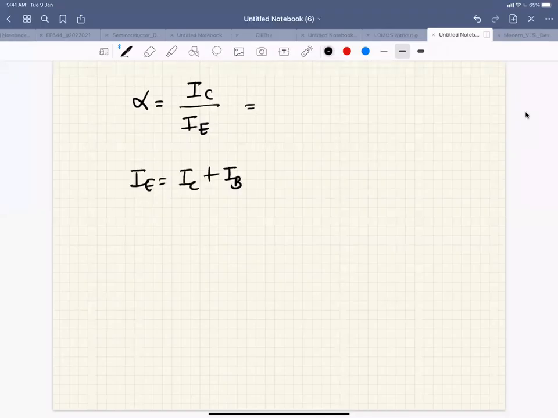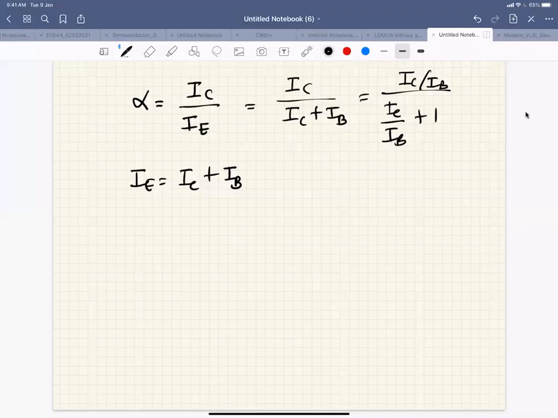So alpha is IC by IC plus IB. If I divide by IB, this will be IC by IB over IC by IB plus 1. These things you know, I don't have to do this. So this is the relation between alpha and beta: alpha equal to beta by beta plus 1.